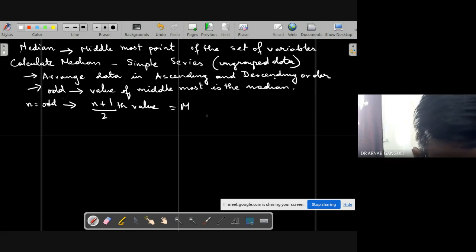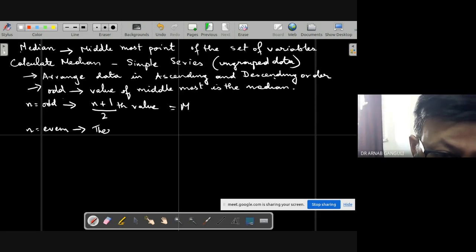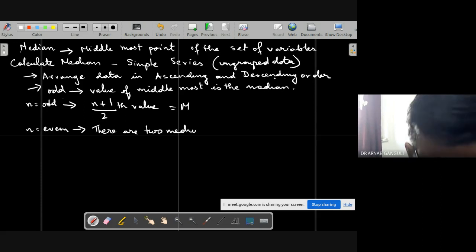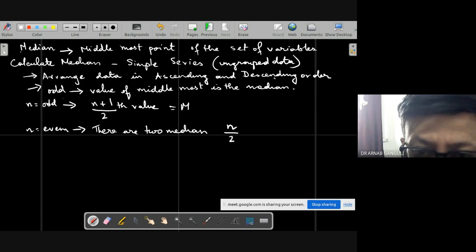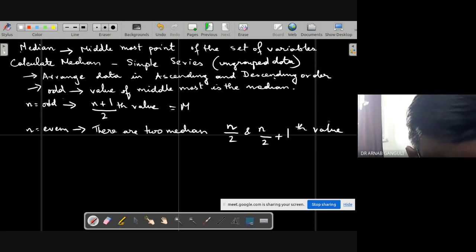When n is even, there are two middle terms. The median value is the average of the n by 2 and n by 2 plus 1 values. Clear?